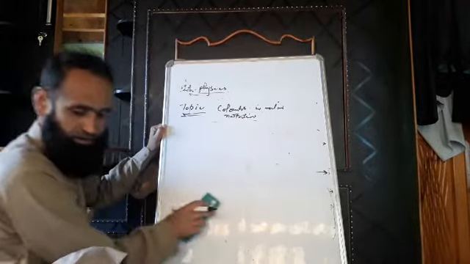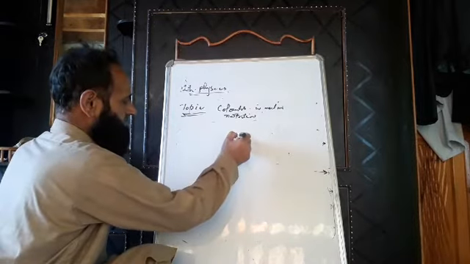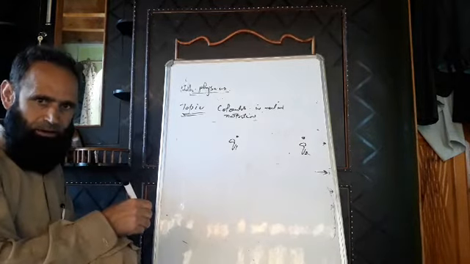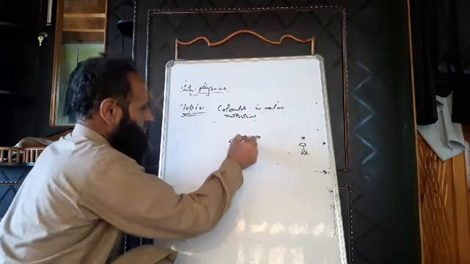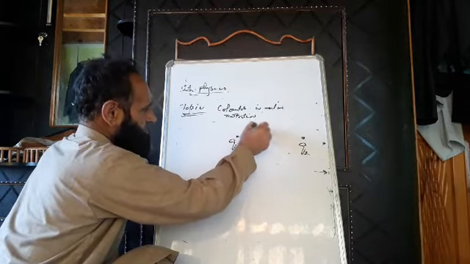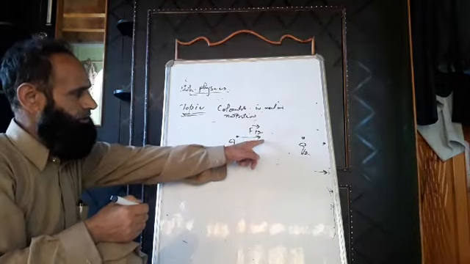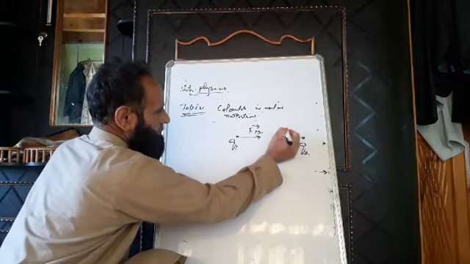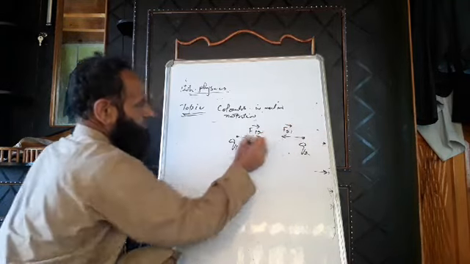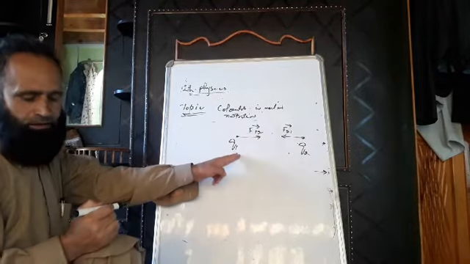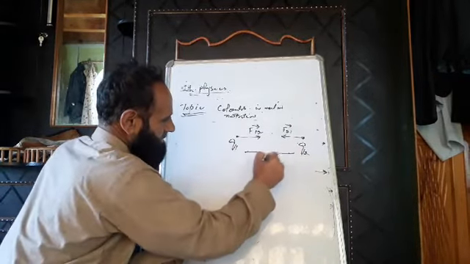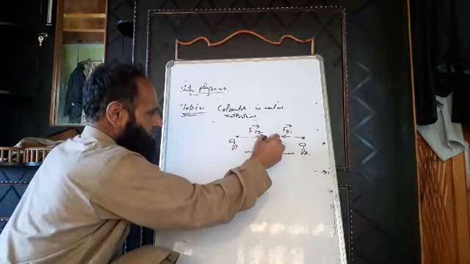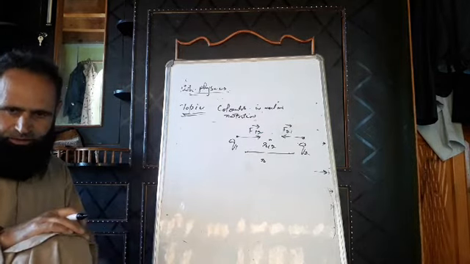Another case is when the two charges are of opposite sign. F12 is the force on charge 1 due to charge Q2, and F21 is the force on charge 2 due to charge 1. Similarly, the charges are separated by distance r, and R12 is the unit vector between them.